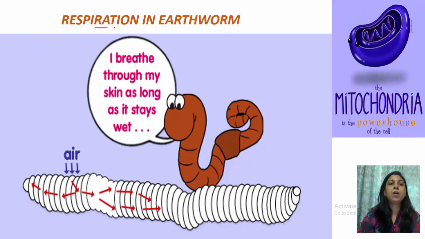Now respiration in earthworm. As you all know, earthworm lives in soil. The earthworm breathes through its skin as long as it stays wet. Actually it is not respiration, this is actually the exchange of gases, that is the breathing. So the earthworm breathes through its moist skin.